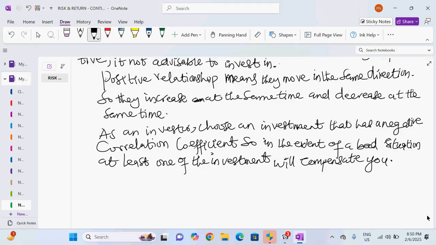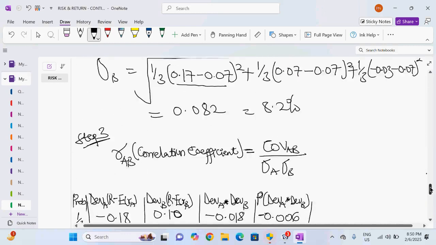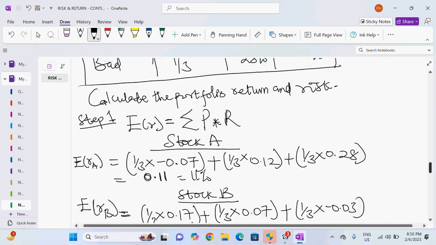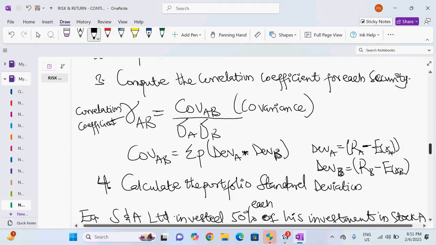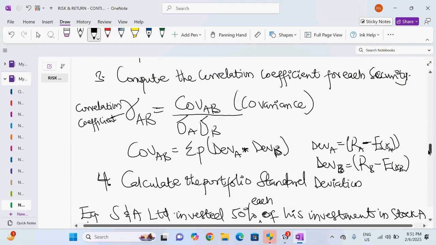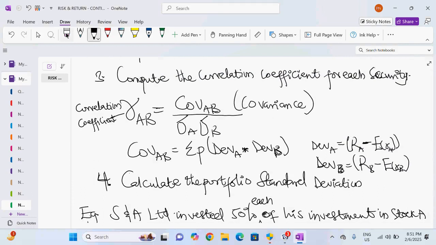All right. So what is the next step? Is it the final step? Now we have to calculate the portfolio standard deviation.